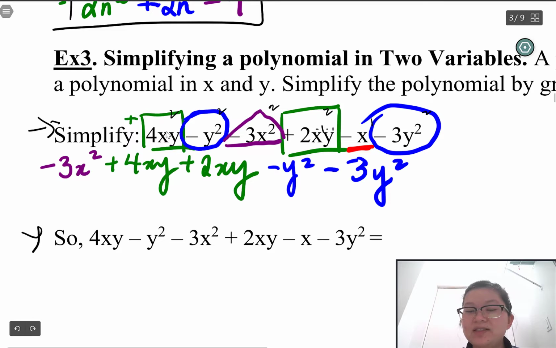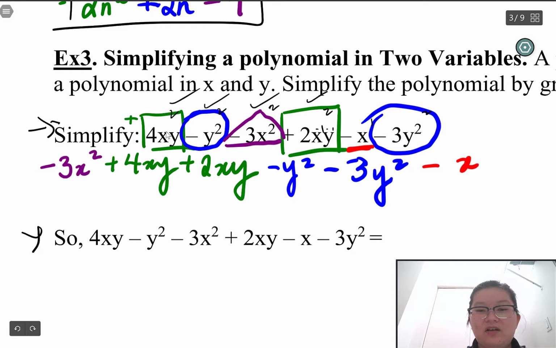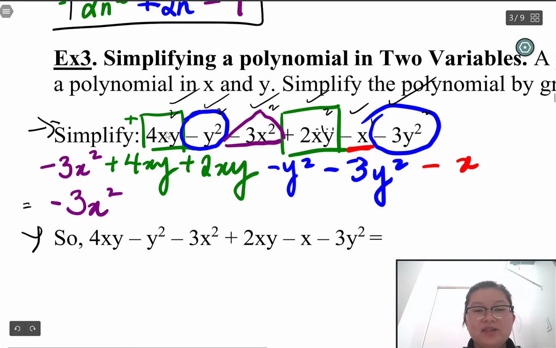And last but not least, I have the singleton minus x to the power of 1, which is why it is last. So double check, we have all of these terms. We've included all of them in our sentence, and now we can go ahead and simplify. We have negative 3x squared by itself, which cannot be simplified any more. 4 plus 2 is 6, so plus 6xy.